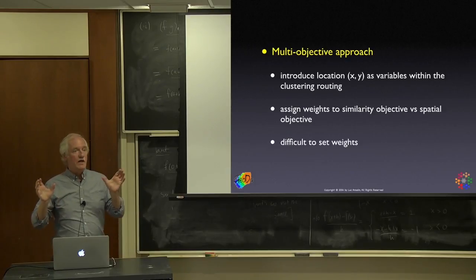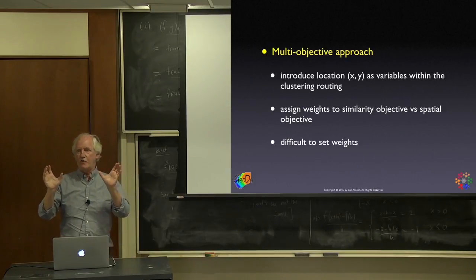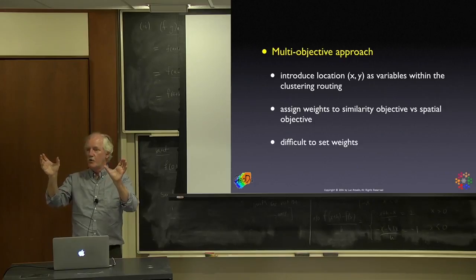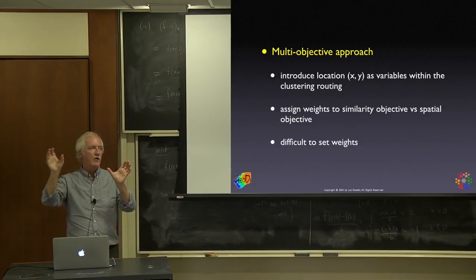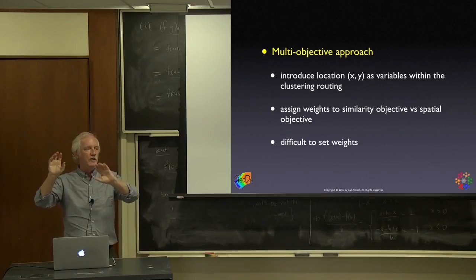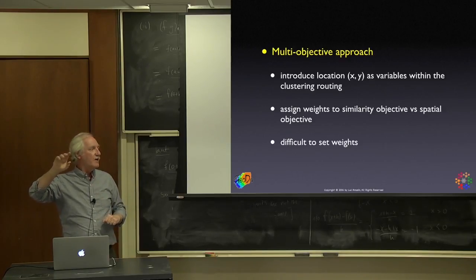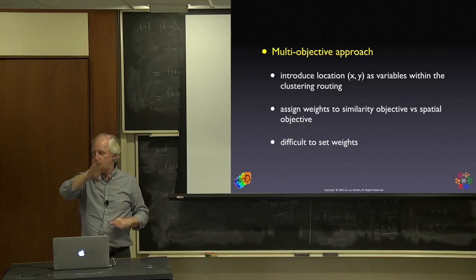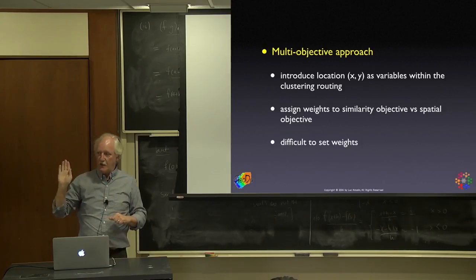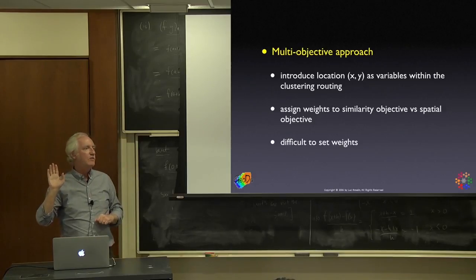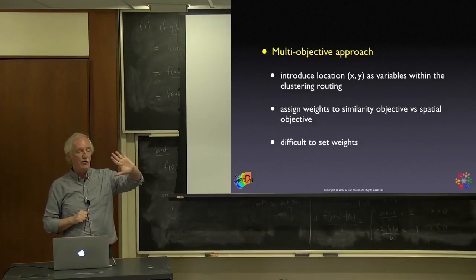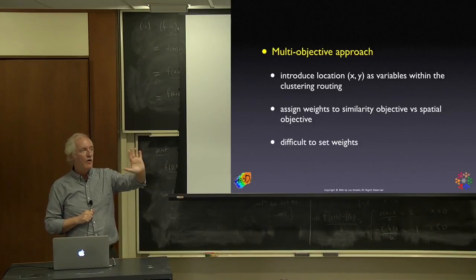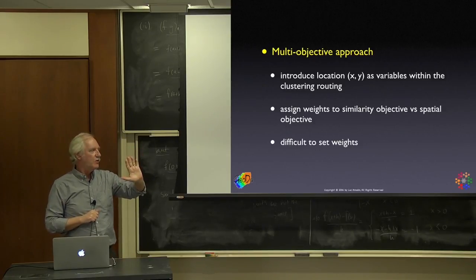So really, you can think of this as an objective function with two parts. One part is to make sure that they're all contiguous. You could do this just by itself and just group the areas that are closest together, period, without looking at the attributes at all. And then you could do the same on the other side, grouping them together, only looking at the attributes, forgetting about the location.